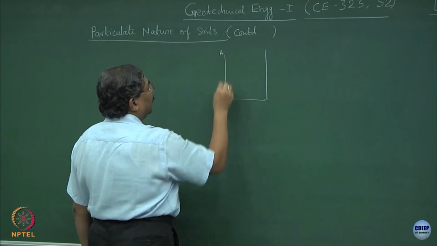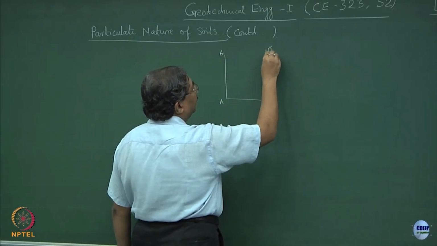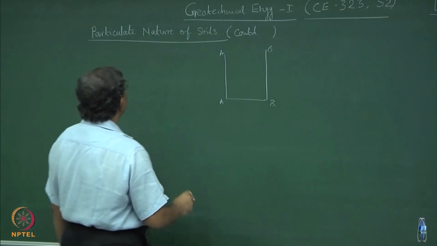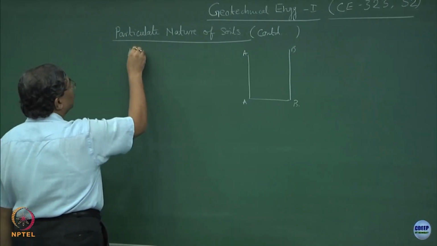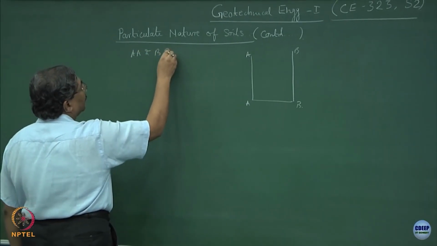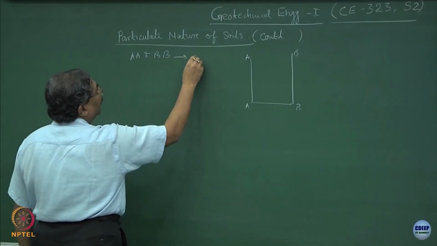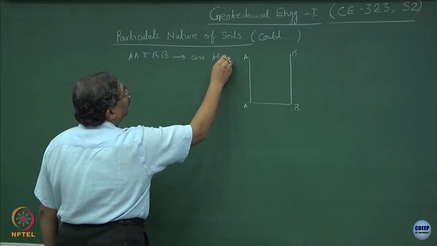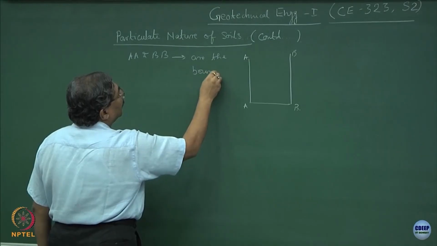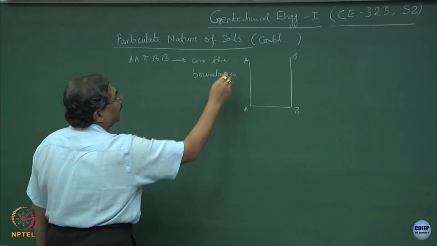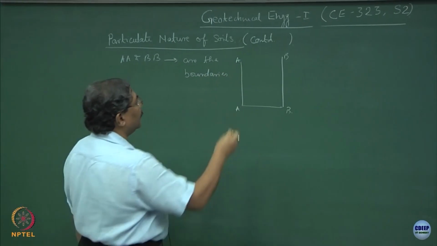So, AA and BB are the boundaries, and these boundaries are confining the material.